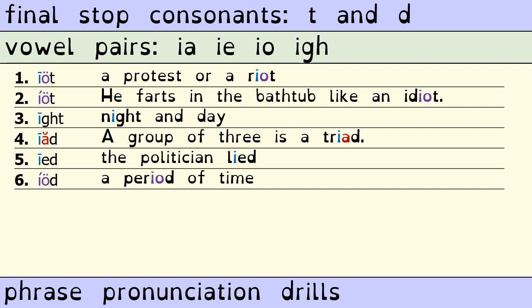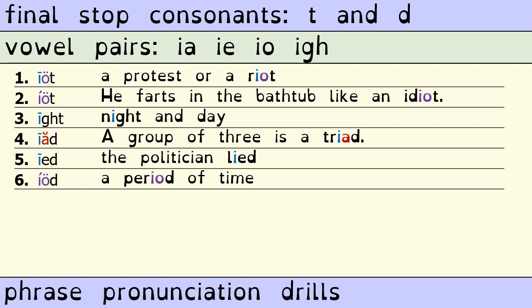Let's practice with phrases. 1. Iot. A protest or a riot. 2. Iot. He farts in the bathtub like an idiot. 3. Ight.